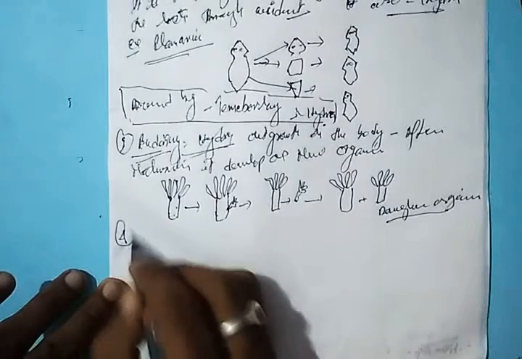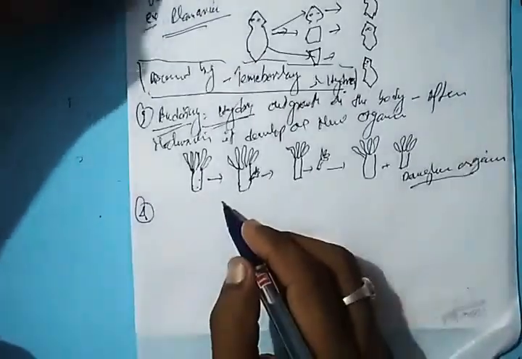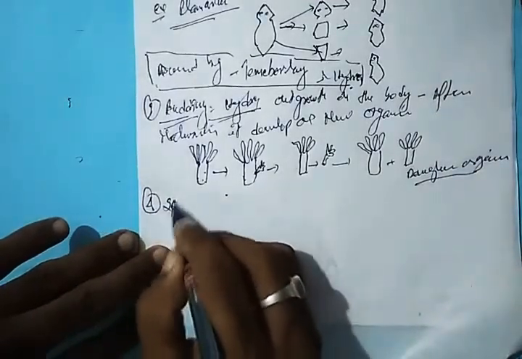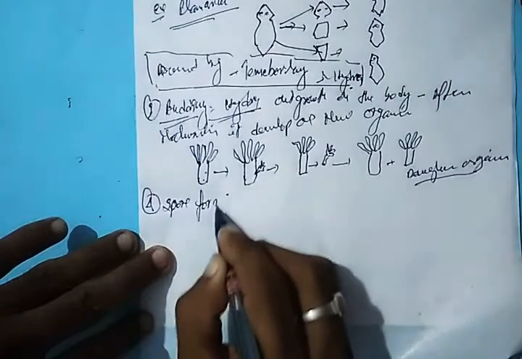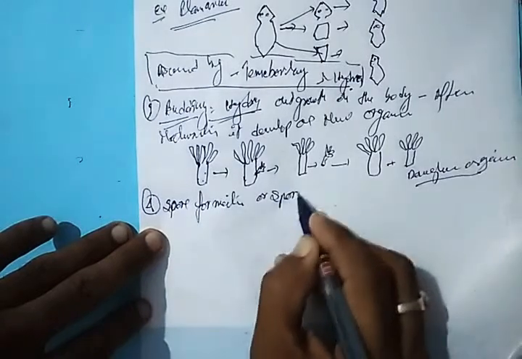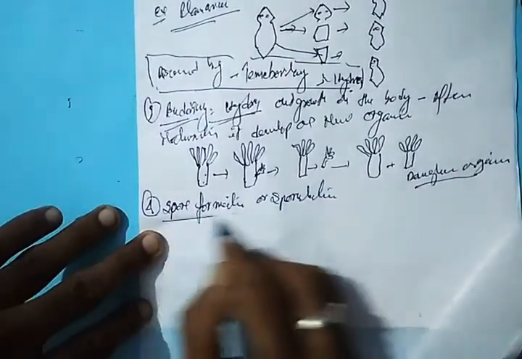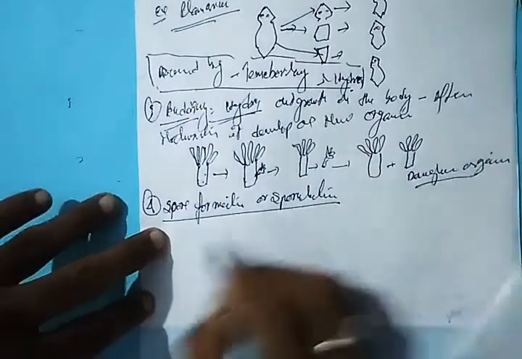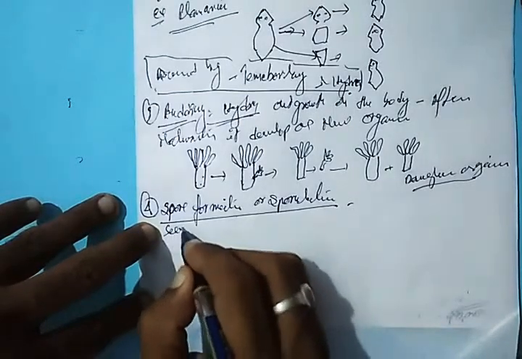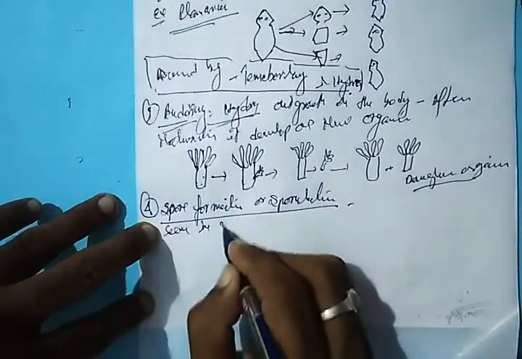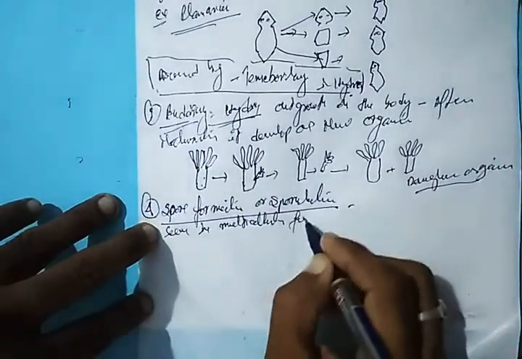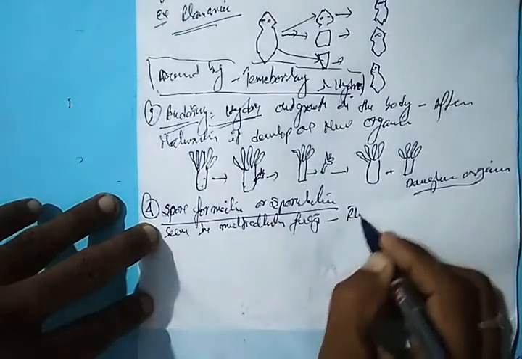Next type of asexual reproduction in multicellular organism is spore formation or sporulation. It is mostly seen in multicellular fungi, like rhizopus.